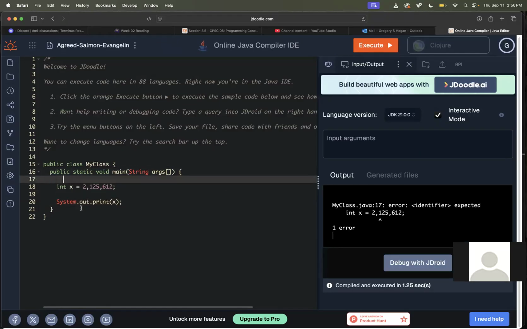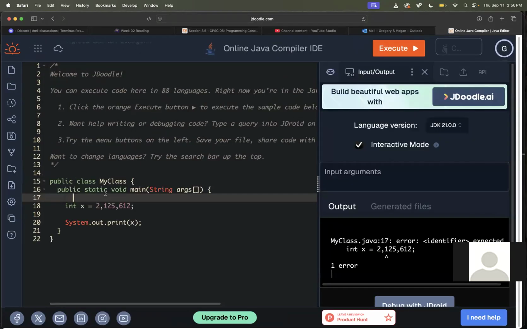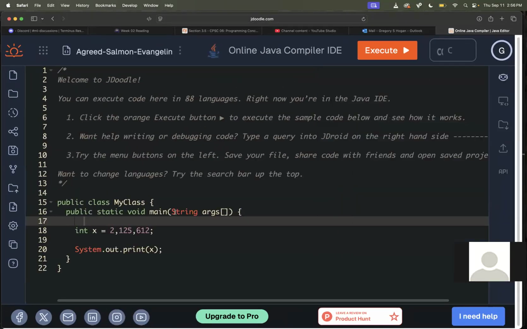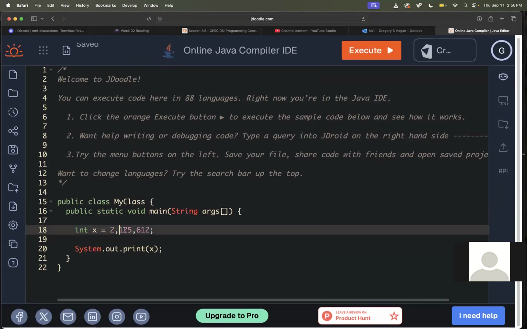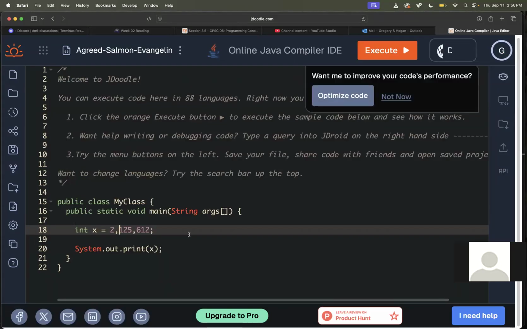But what you can do, you're not allowed to use commas, but if you want to visually separate this so you can tell whether you're typing 2 million or 200,000, you can actually use underscores like this, to help you visualize that this is 2,125,612.